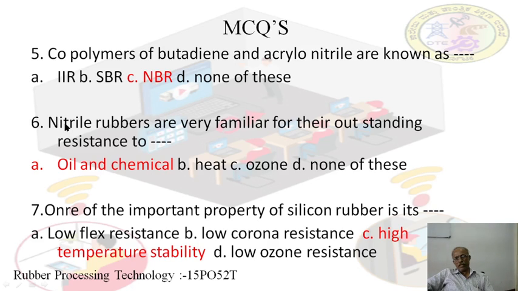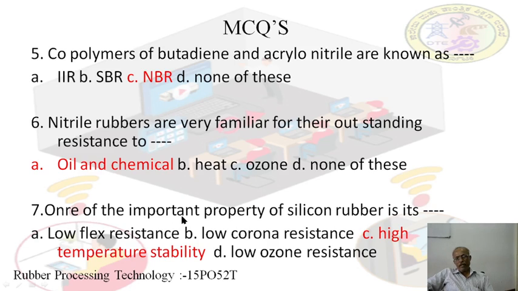Which is the correct answer? Nitrile rubbers are very familiar for their outstanding resistance to oil and chemical. So oil and chemical is the right answer, that is A.